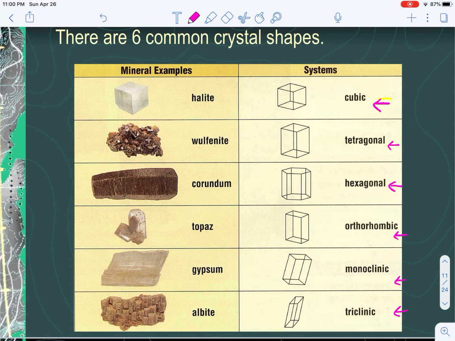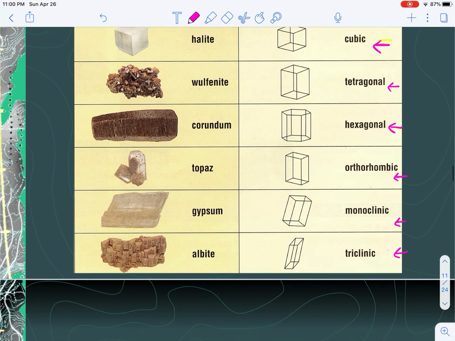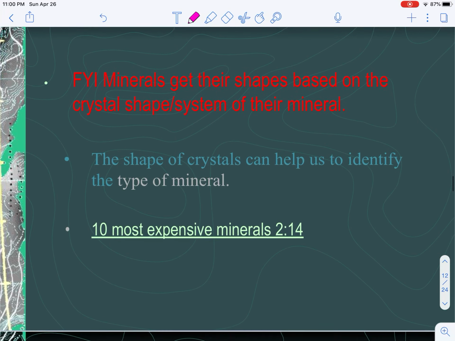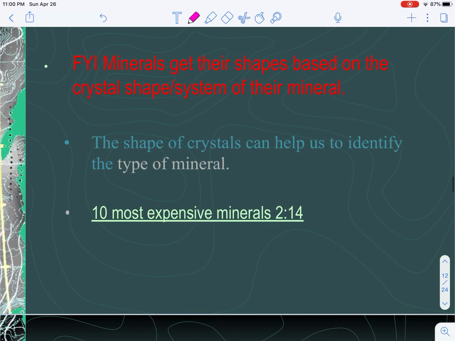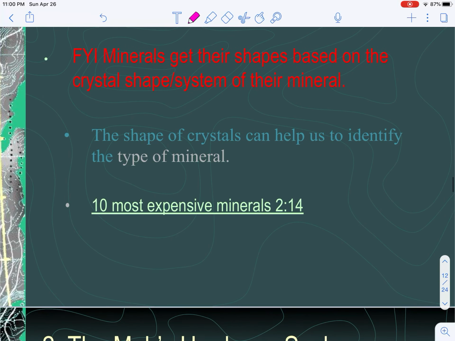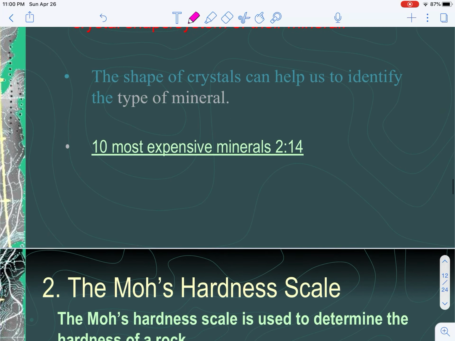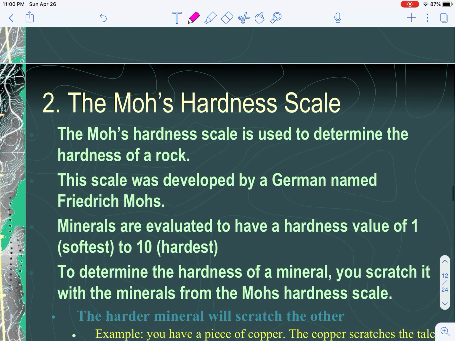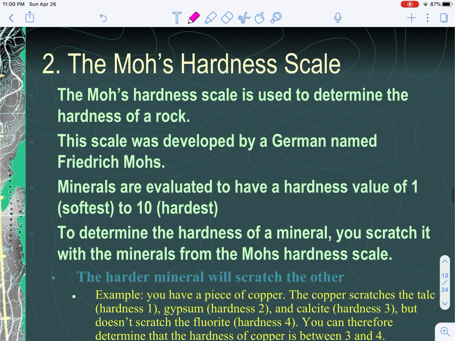Now, these are not crystal shapes that you have to memorize. Just know that there are different shapes that help to identify the mineral. And the shape of the crystal will determine the shape of that entire mineral.